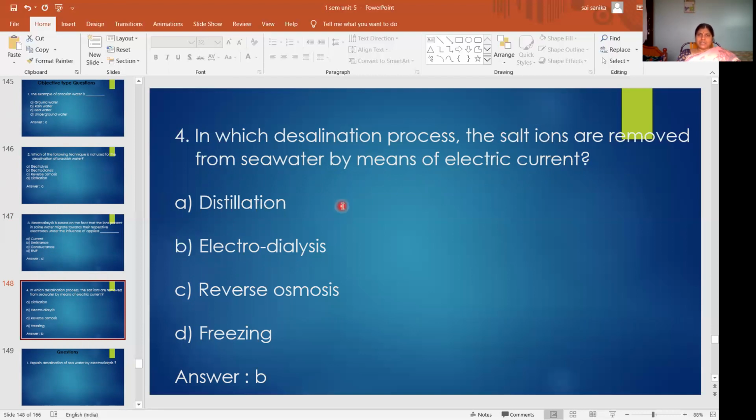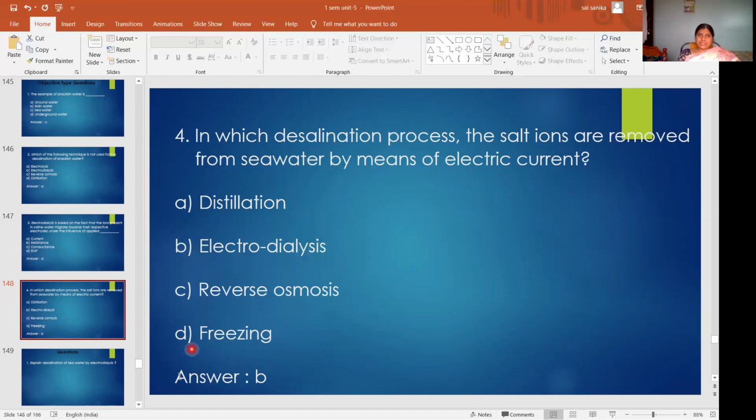A is distillation, B is electrodialysis, C is reverse osmosis, D is freezing. Not distillation, not reverse osmosis, not freezing, so B is electrodialysis. In this process only, by applying electric current, we remove the salts from the water.